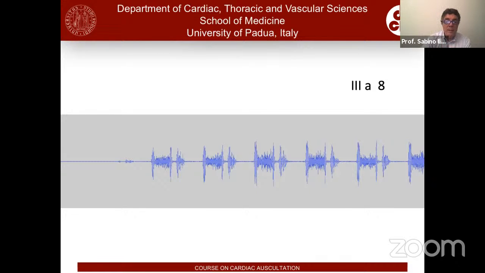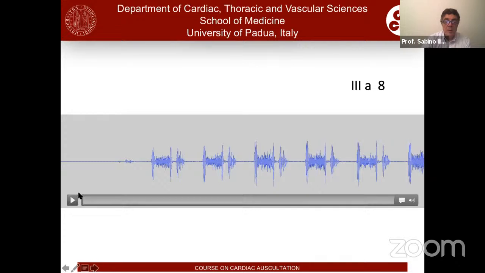So let's see the murmur having access to the phonocardiogram, and as usual we should make the same thing without watching the phonocardiogram.